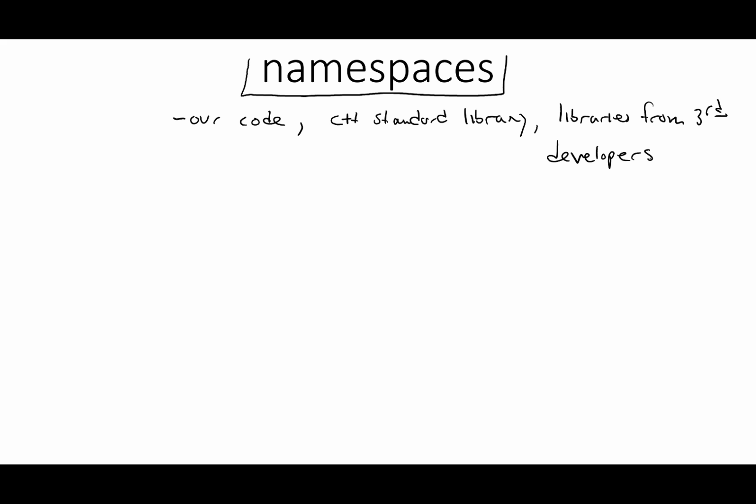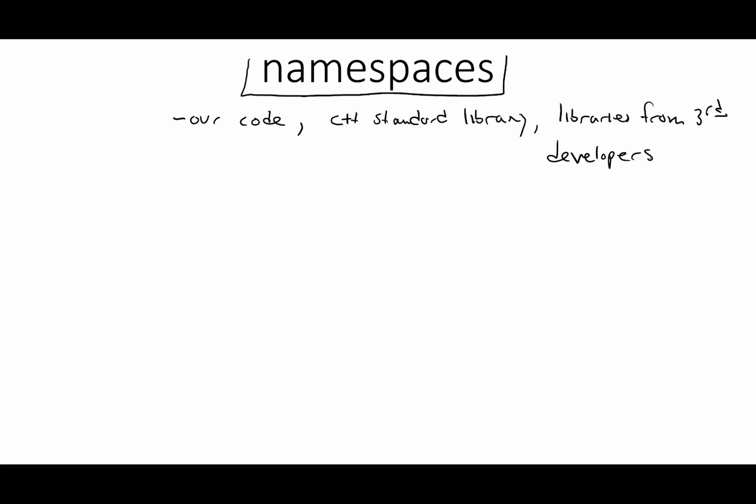So with all of these things combined together, we're writing our code, we're using the C++ standard library, and we might be using a library from a third-party developer, which might be a library that your company has specifically developed, or something from an open source package. There can be situations where something has the same name, and when that happens, the compiler won't know which one to use. So you end up with a naming conflict.